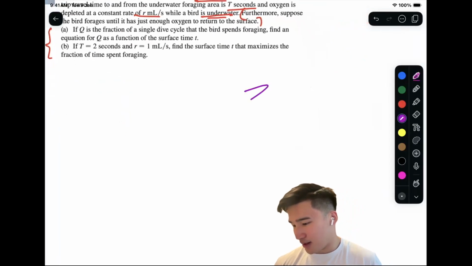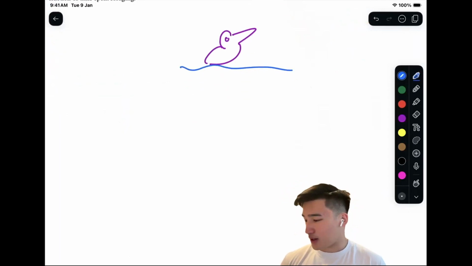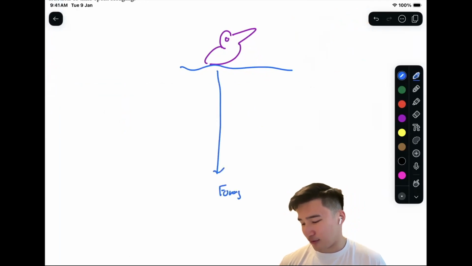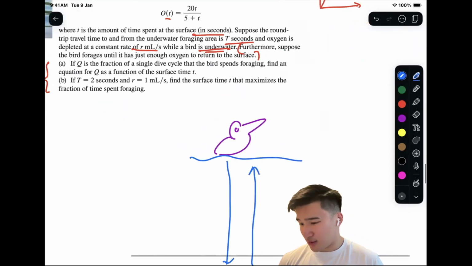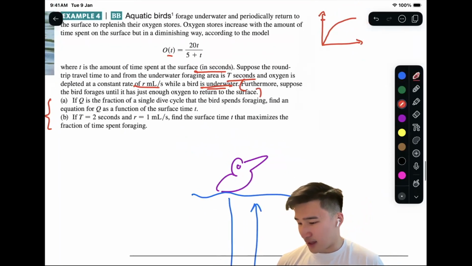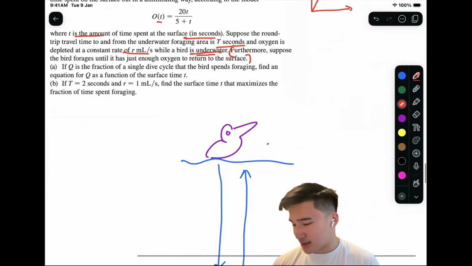So we have a bird, right? Forgive me for drawing so badly, but basically we have a bird here. What it will do is go down and forage, right? Look for fish, eat them, and come back. So this is what's going on here. What we're given is the amount of time spent at the surface, t seconds here.